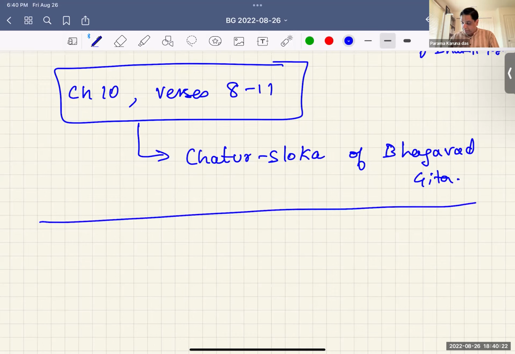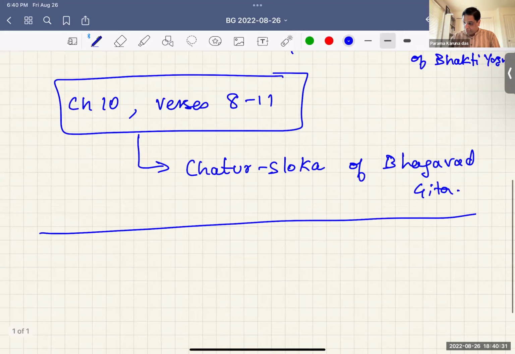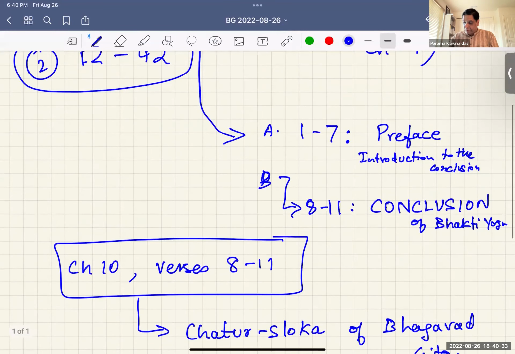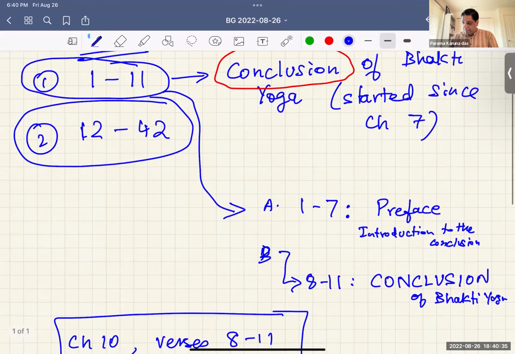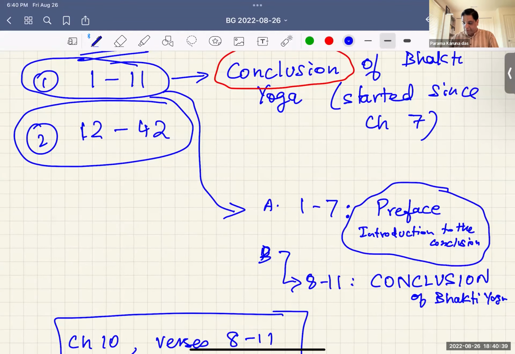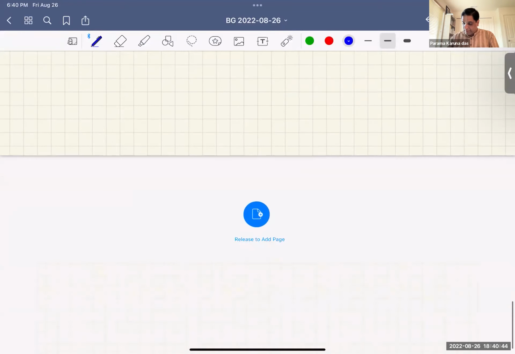So we will go into all of this. And then the next section begins from verse number 12 onwards and goes till 42, which we will cover when we reach there. So we are going to start with the preface or the introduction to the conclusion. Those are the first 7 verses. So that's what we are going to start with.